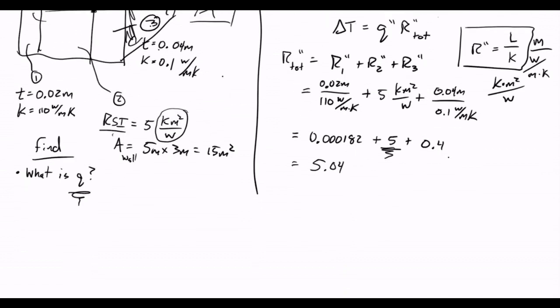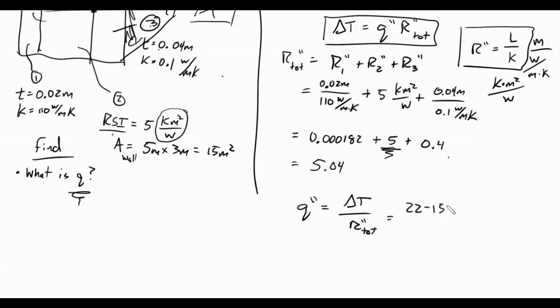Okay, so now that we have a resistance value, we can use this idea right here to find our Q double prime. So Q double prime equals delta T over R double prime total. Delta T is the inside minus the outside. Those are in degrees Celsius or Kelvin. Since it's a delta T, Celsius and Kelvin will be equivalent.